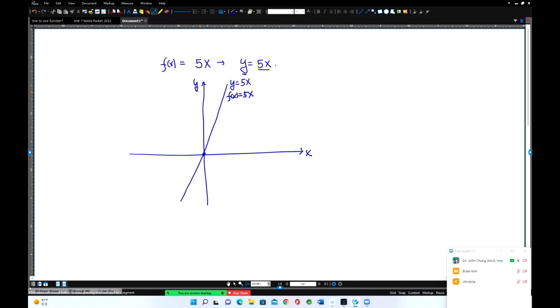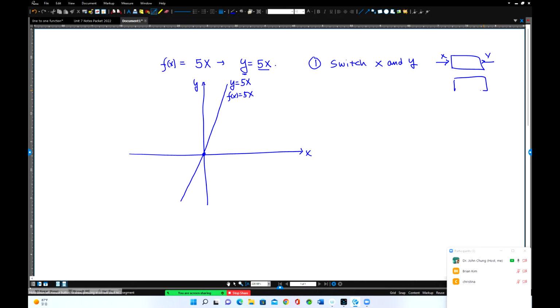Now, how can you find the inverse? There's a rule. What is the first one? To find the inverse function, switch x and y. Because in this original function, this is x, this is y, forward.